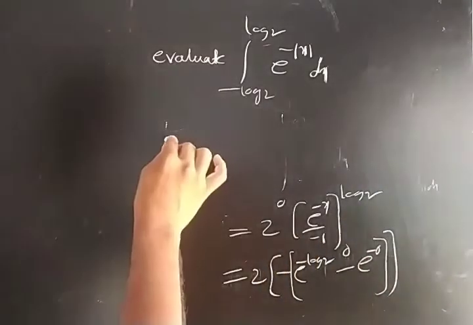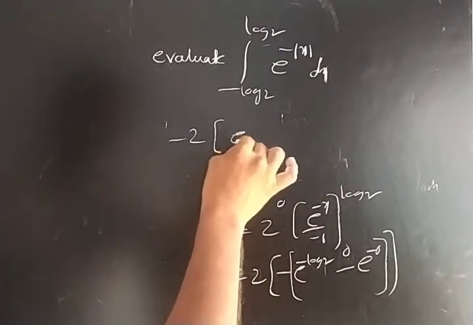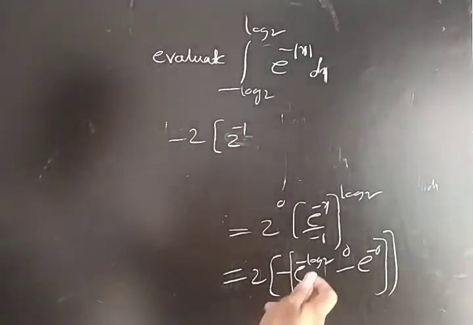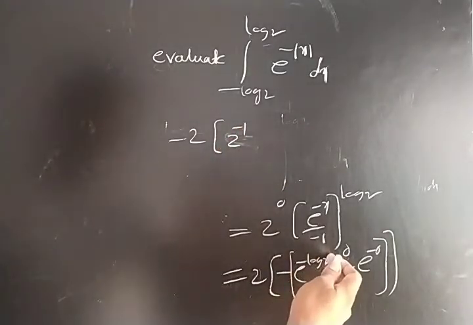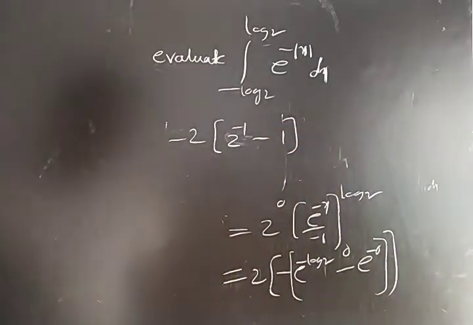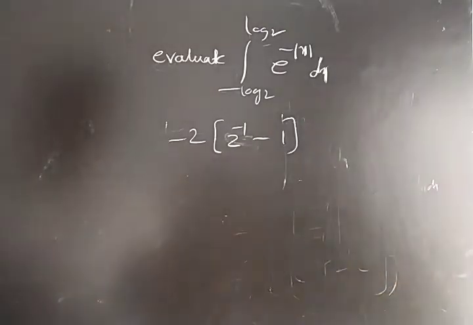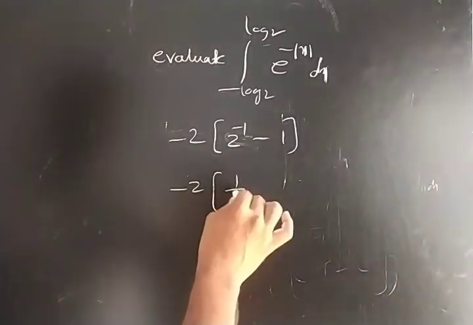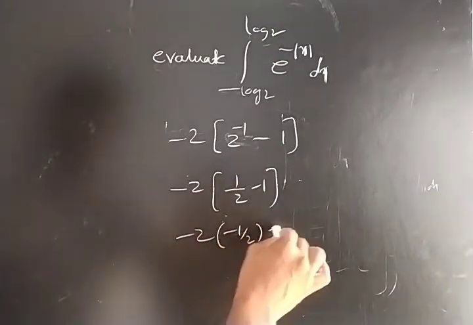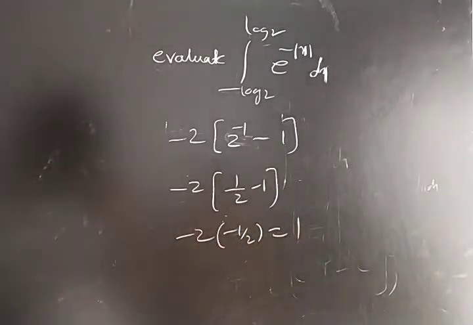Now here we will get minus 2 of e power minus log 2, which becomes 2 power minus 1 by interchanging these two. The base becomes 2 and log e base e value is 1. E power 0 is 1. So here minus 2 into 1 by 2 minus 1, minus 2 into minus 1 by 2, so that is equal to 1. So the answer is 1 here.